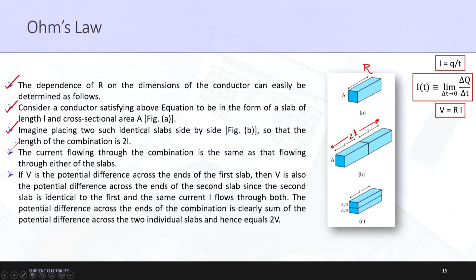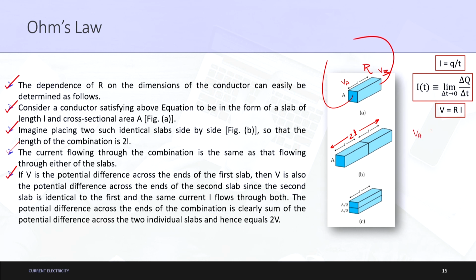Next, if V is the potential difference across the ends of the first slab, then V is also the potential difference across the ends of the second slab, since the second slab is identical to the first and the same current I flows through both. So, what it tries to say is, let us say I write VA and VB for the potentials.